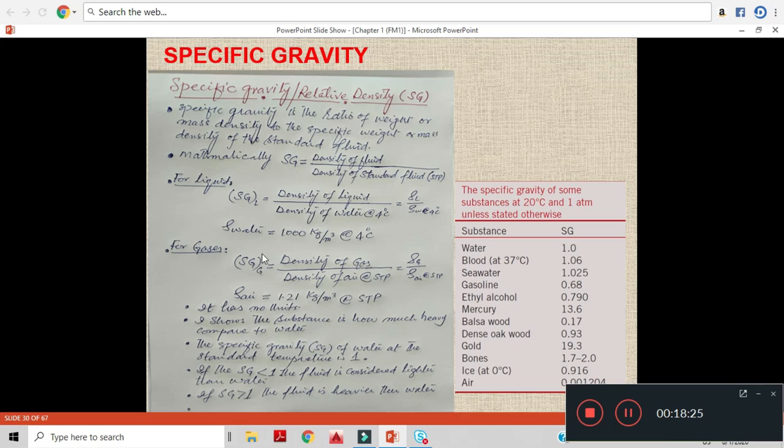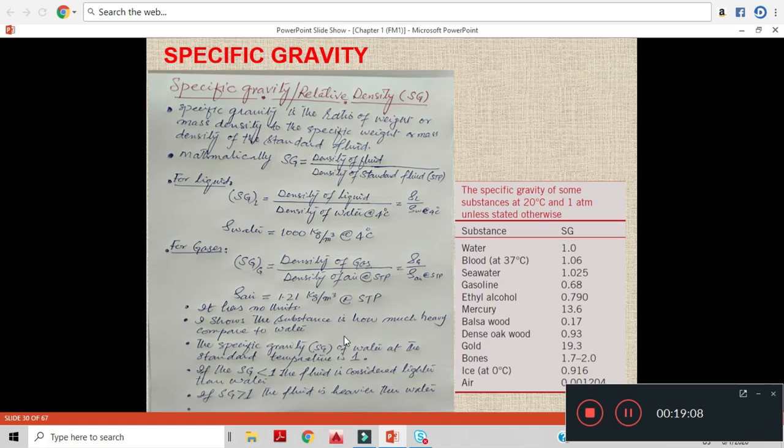So if you know the density of a gas, you can easily find out the specific gravity of the gas. If you know the density of a liquid, you can easily find out the specific gravity of the liquid. So what does it indicate? It shows how heavy the substance is compared to water, or compared to air at STP.